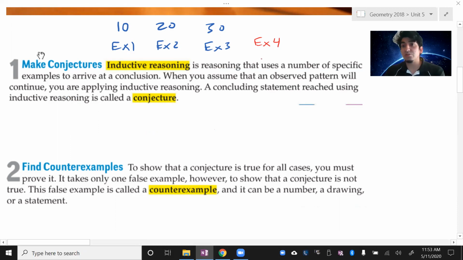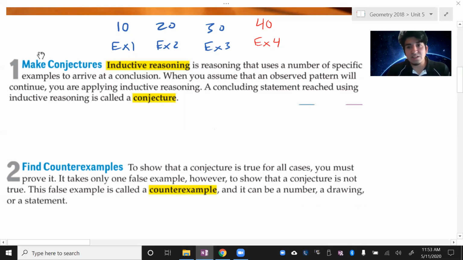You have these values that you are given, so it would probably be 40, which is what you're probably thinking. When you assume that an observed pattern will continue, you can apply inductive reasoning, which is what we just did.